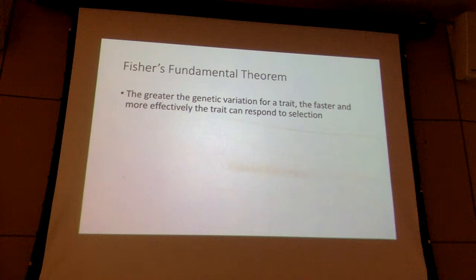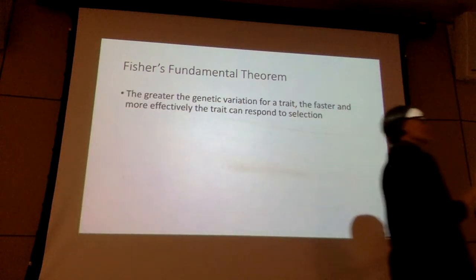Whereas natural selection operates on an individual, the response to that natural selection happens on a population-wide level, right? So the response itself is a change in the frequency of alleles in a population. In fact, that's the definition of evolution.